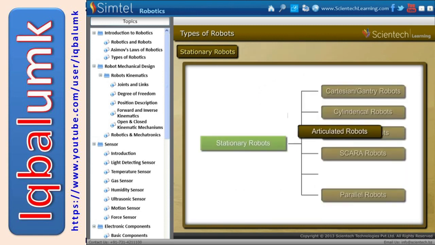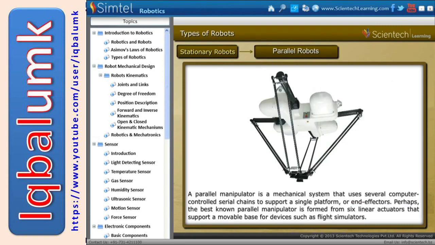A parallel manipulator is a mechanical system that uses several computer-controlled serial chains to support a single platform or end effector. Perhaps the best-known parallel manipulator is formed from 6 linear actuators that support a movable base for devices, such as flight simulators.